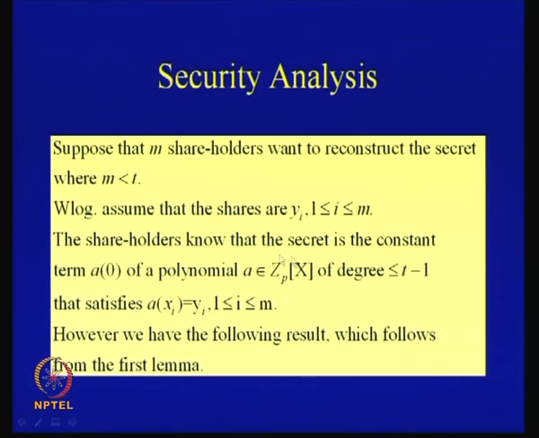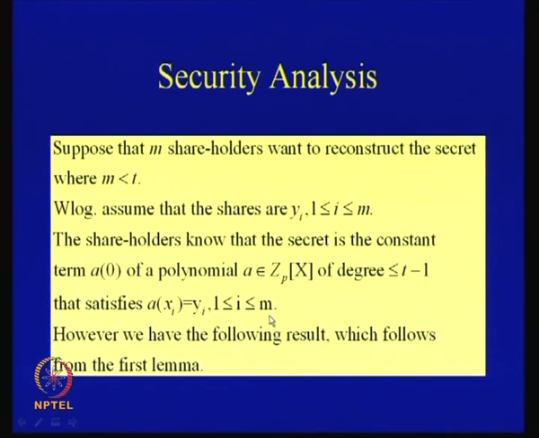So, the shareholders know that the secret is the constant a0 of a polynomial of degree less than or equal to t minus 1. So, that is known essentially to the shareholders as well. So, which will satisfy a of xi equal to yi, but they do not have all the t shares, they have only m shares, and you know that m is lesser than t, right.